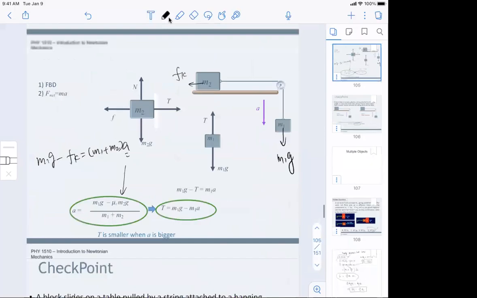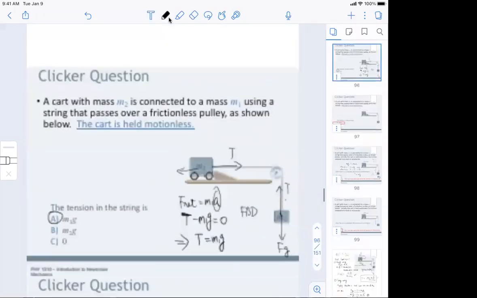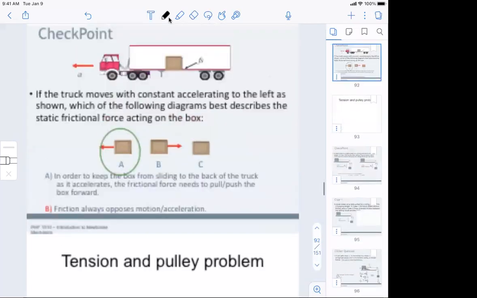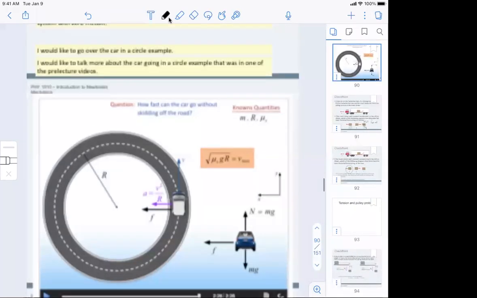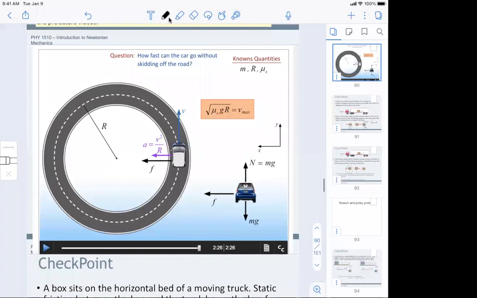But I do want to mention a little bit about centripetal motion. I want to go to the slides where, at the beginning of the class, I showed this one on your pre-lecture. When you have a car going in a circle, let's think about all the forces acting on your car. In the vertical direction, you have gravity. You must have a normal force to balance out gravity.